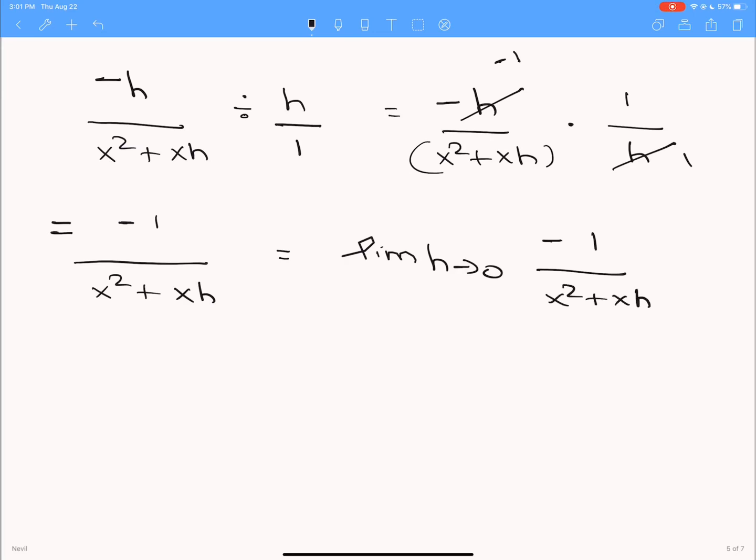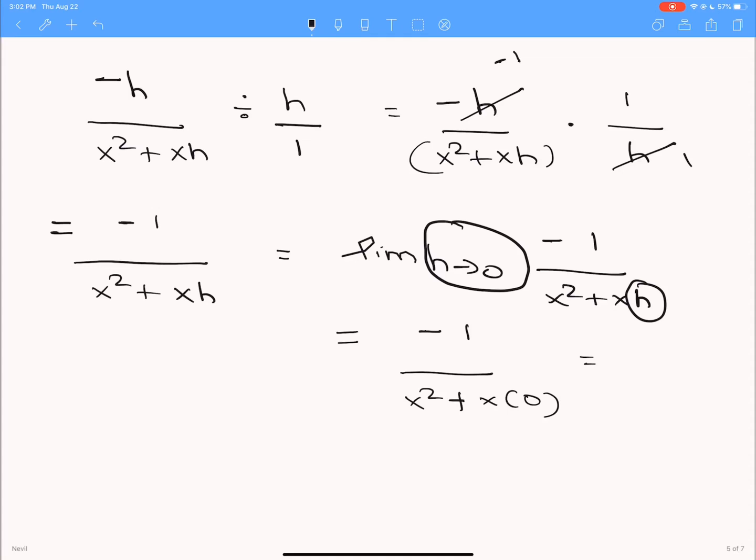All h's are going to equal 0. So I'm going to have negative 1 divided by x squared plus x times 0, because now my h is 0. That gives me negative 1 divided by x squared plus 0, so my final answer is negative 1 divided by x squared.